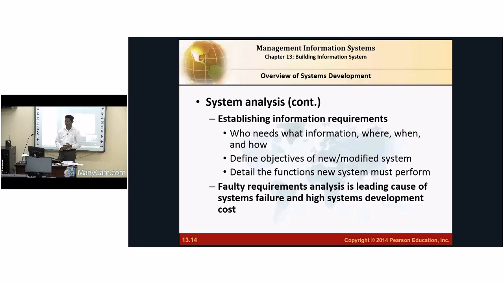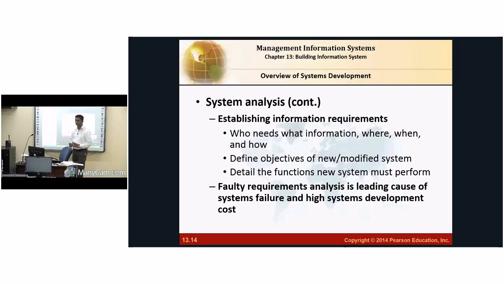So apart from that, you need to establish information requirements, where who needs what information, where, when and how. Define objectives of new or modified systems. Detail the functions new systems must perform.